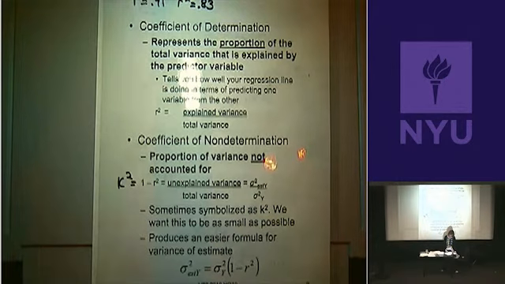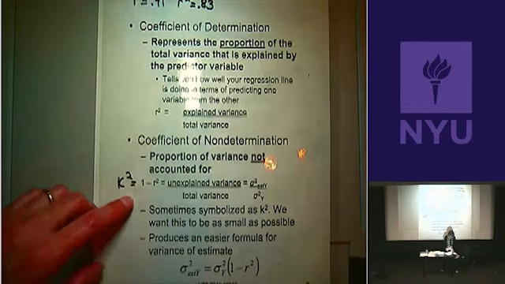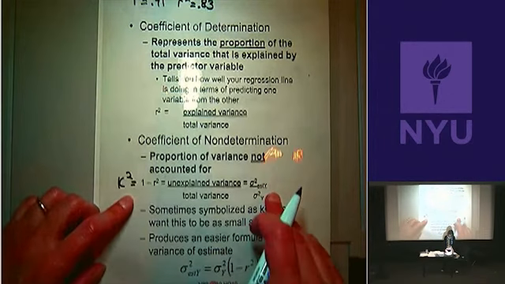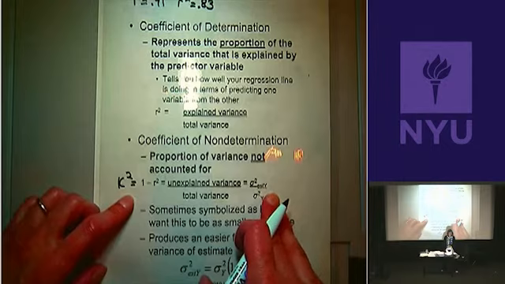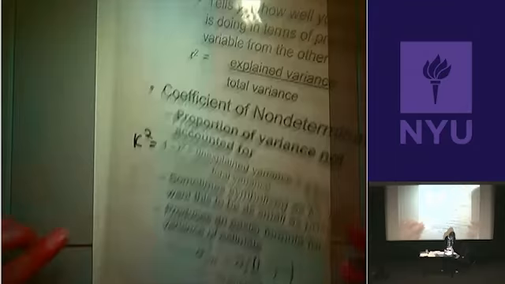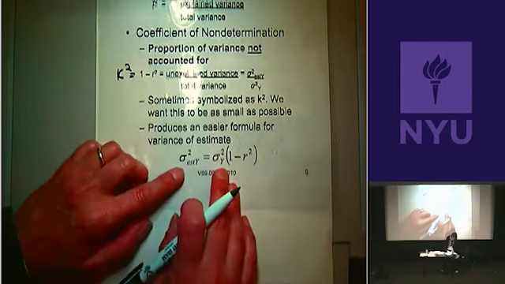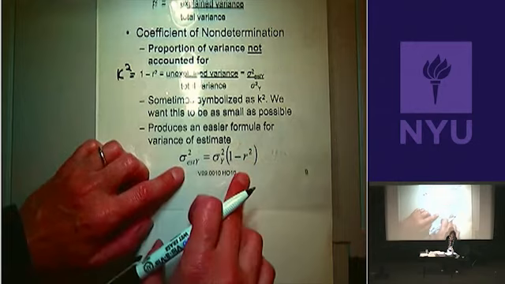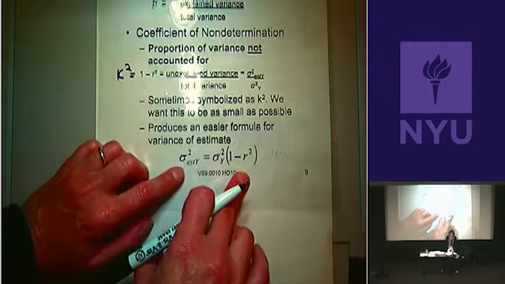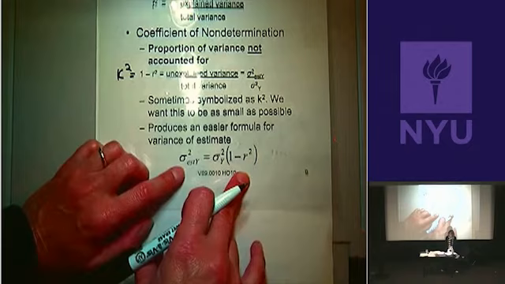Because of this relationship with the variance of the estimate, this gives us an easier way to figure out the variance of the estimate. Here's the formula. Okay? We just solve for 1 minus r squared instead. So here's an easier way of finding the variance of the estimate than the definitional formula I showed you before. Much simpler.